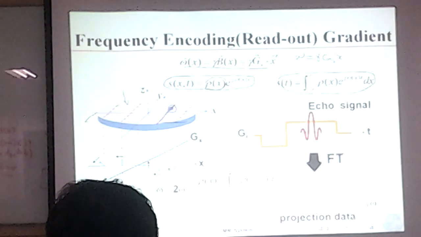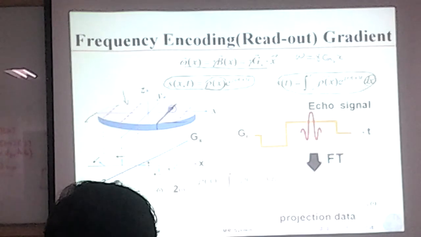The signal has the same frequency on the line, so the detected signal has the integration in, sorry, it should be not x, it should be y. Rho x. Sorry, this is dx, because the echo signal comes from all these objects, this all image slices.